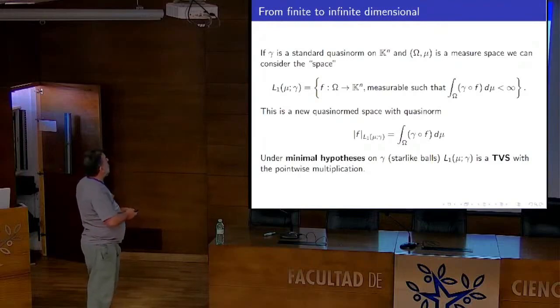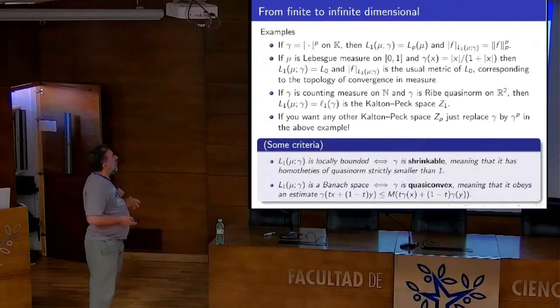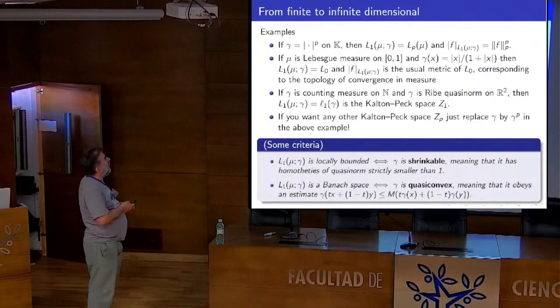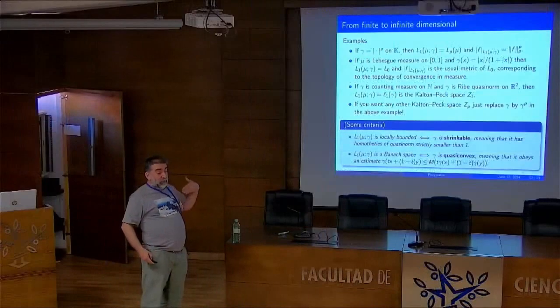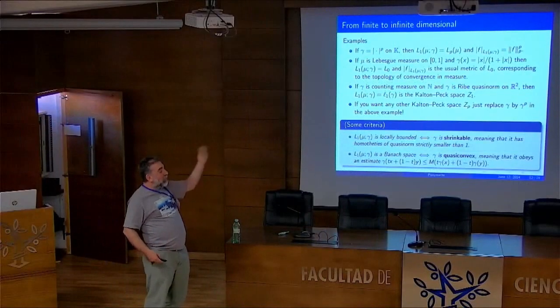Let us see some examples. Okay, if you take a power here, then the L1 group is the Lp space, and the group quasi-norm is roughly equivalent to the usual Lp norm. This is, you don't take the p-th root, so you get the norm to the power p.